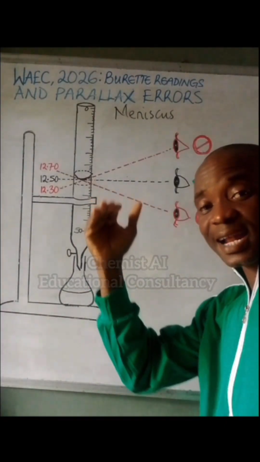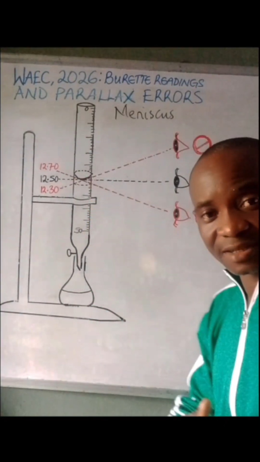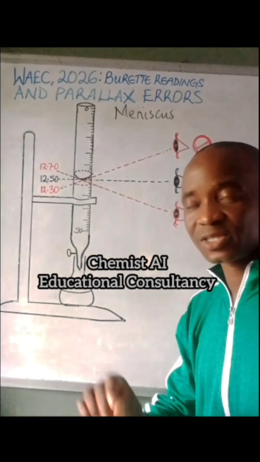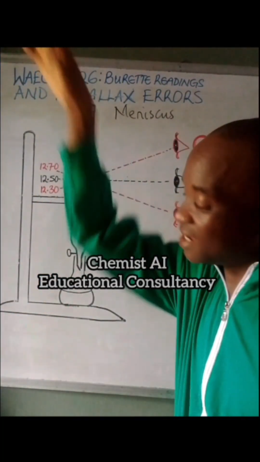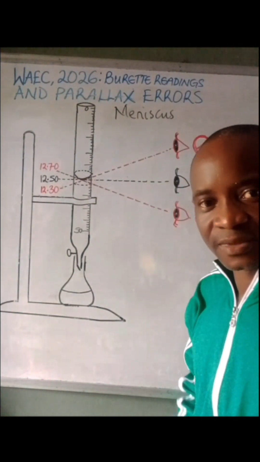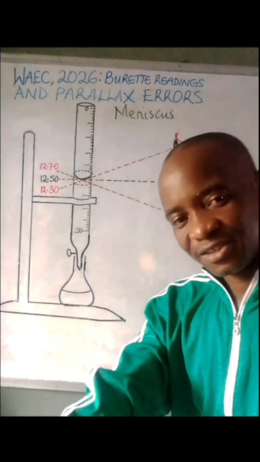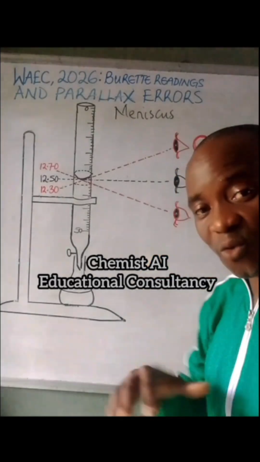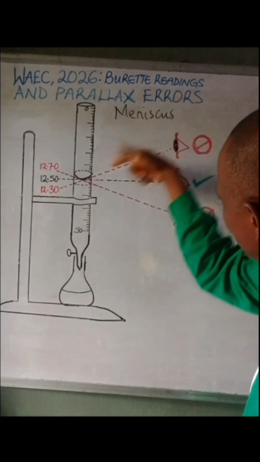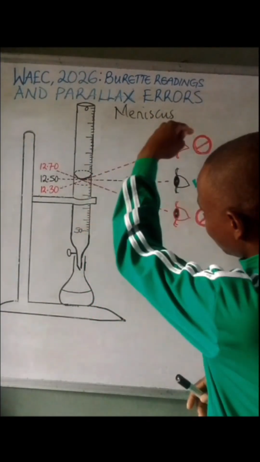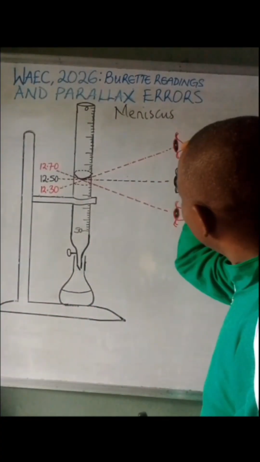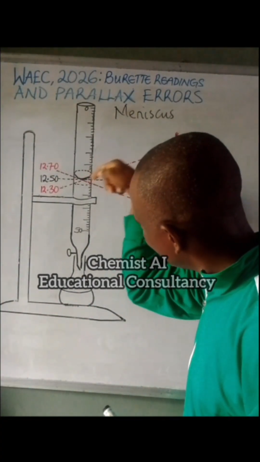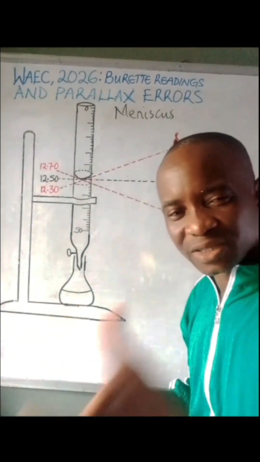If you are taller than the burette, sometimes I see students performing titration and I laugh because the burette will be very high like this and you are very short. Sometimes the burette will be arranged this way and you are very tall. Now, if you are taller and you are viewing this point at an angle, the first place that the line of sight hits before it reaches this lowest point of the meniscus is the value that your eye will detect.